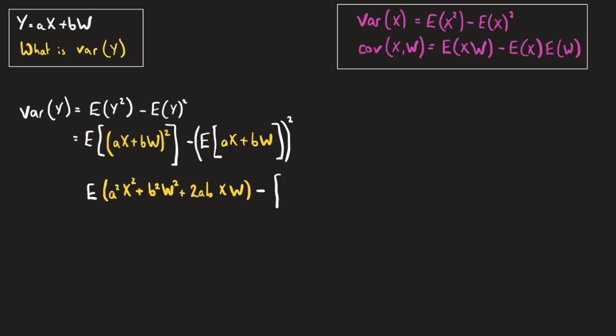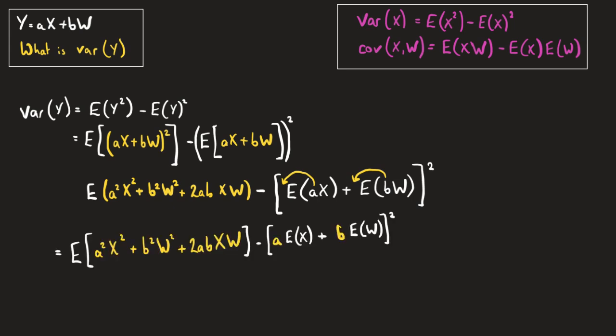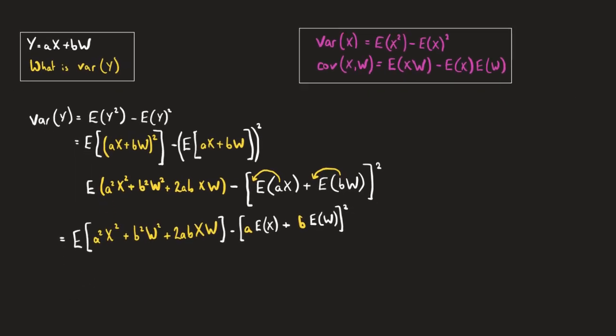So we're going to be looking at the expectation of ax plus the expectation of bw, and all of that will end up being squared. Now, a is a constant and b is a constant, so those can be taken outside of the expectation, leaving us with the following. So let's try and move a little bit further in our analysis.